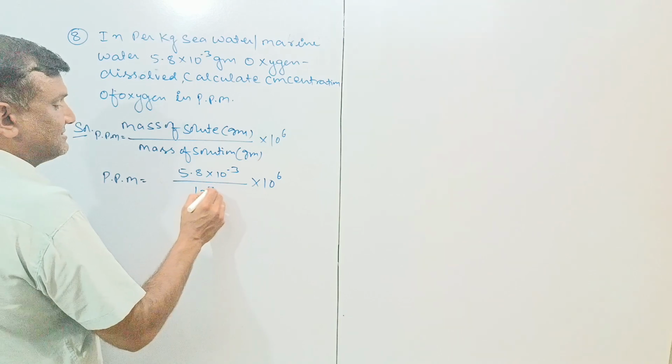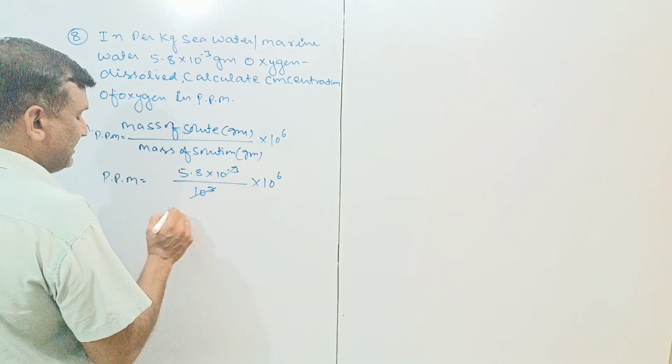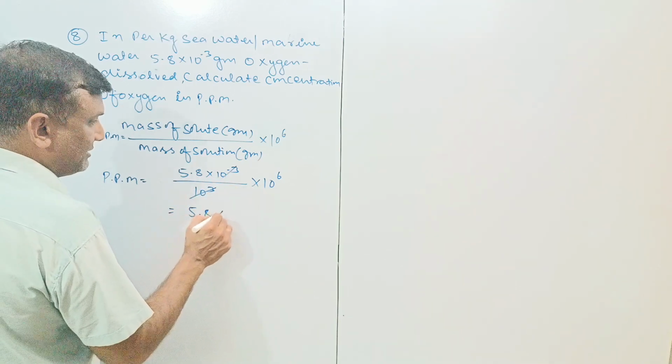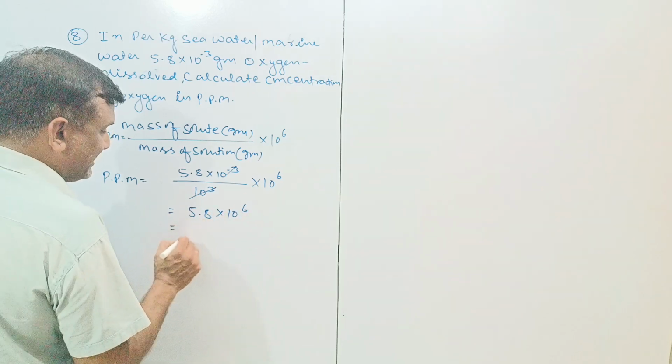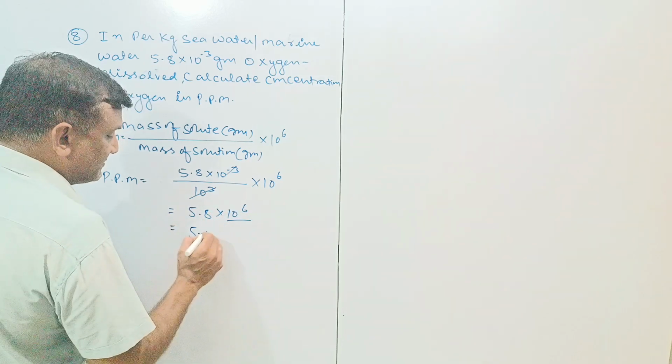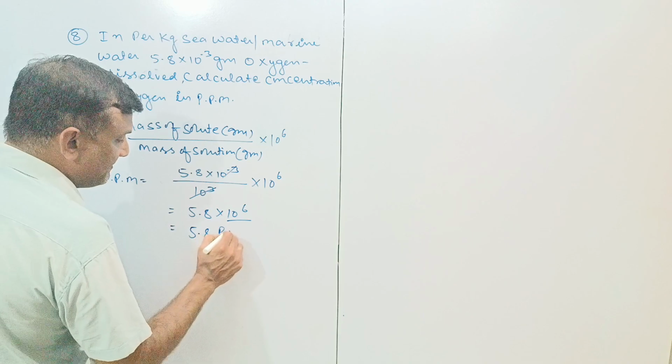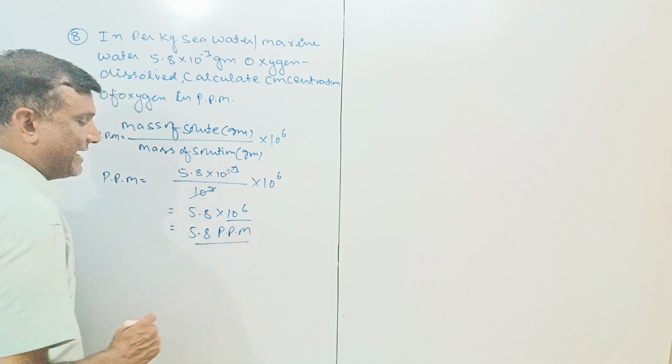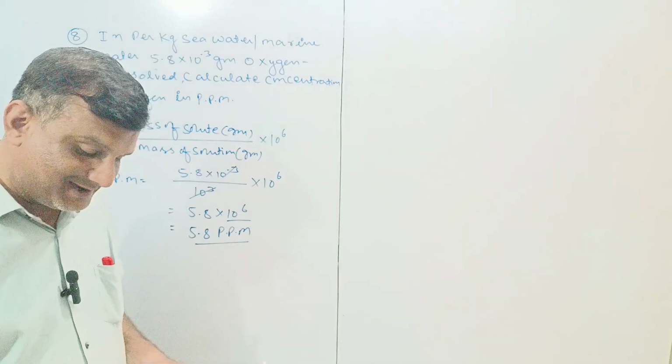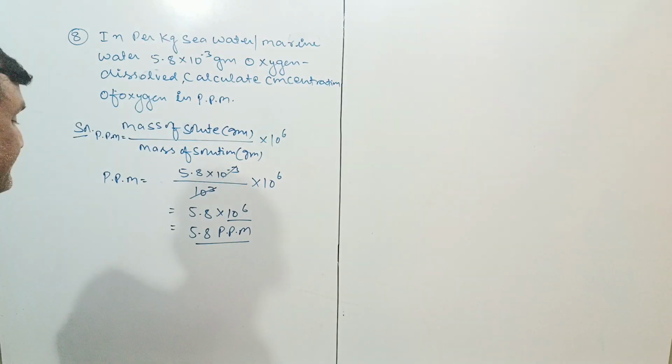This cancels and it will be 5.8 into 10 to the power 6. So 5.8 ppm will be the concentration of dioxygen. It's a very simple question.